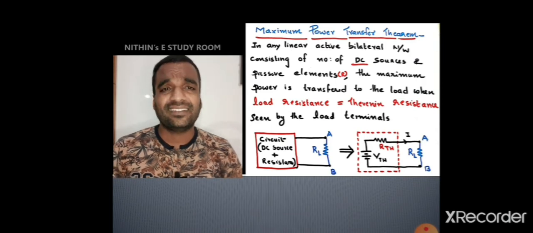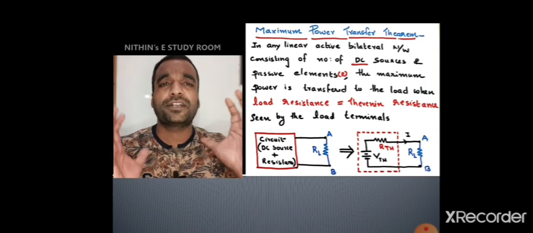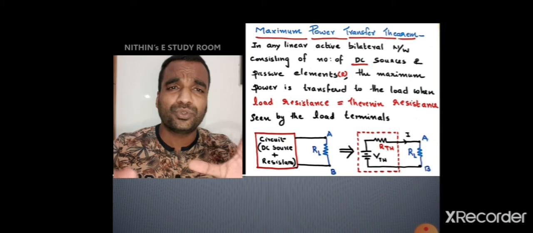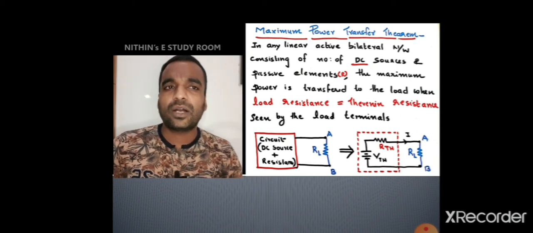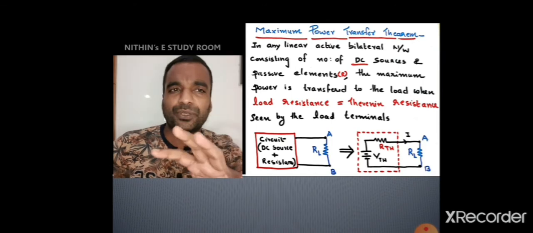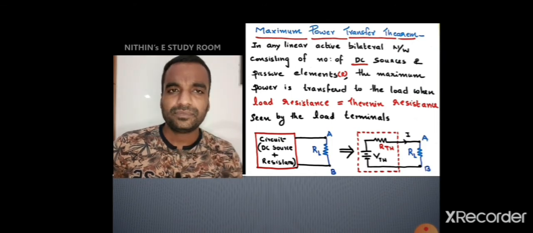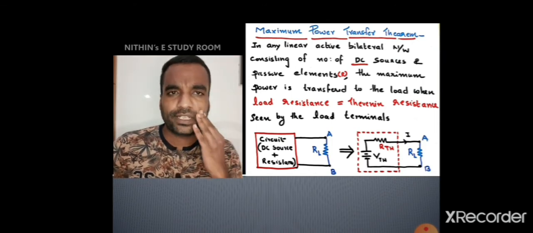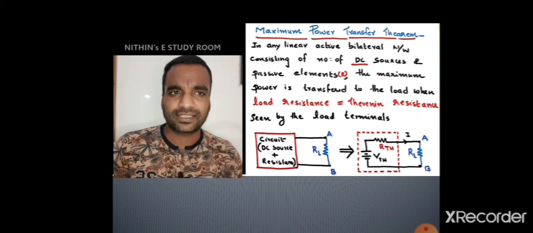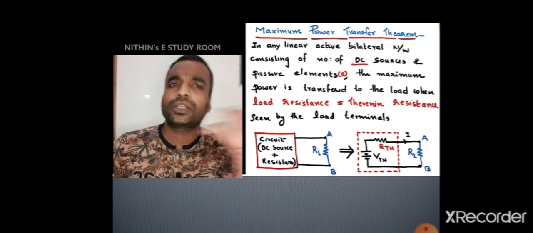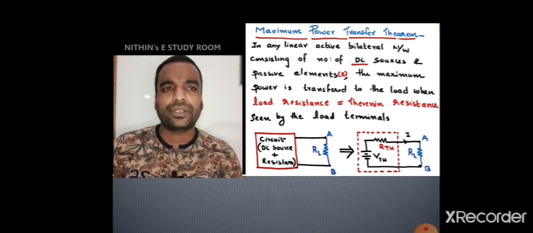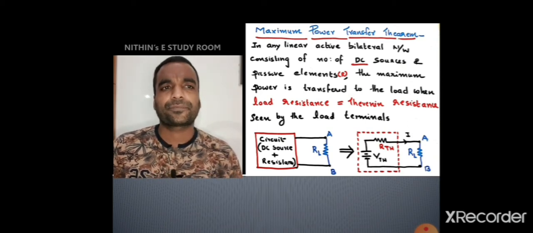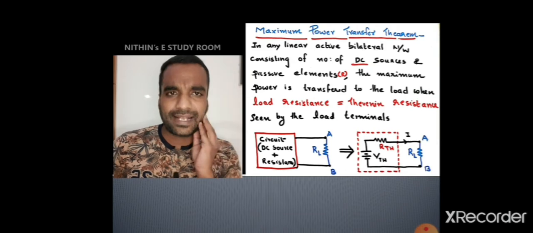Then we can replace the big complicated circuit, because you already worked out the Thevenin resistance. Now you can replace the entire circuit with a Thevenin voltage V Thevenin and Thevenin resistance R Thevenin, and the removed load resistance can be connected back. Now you can calculate when Pmax happens.